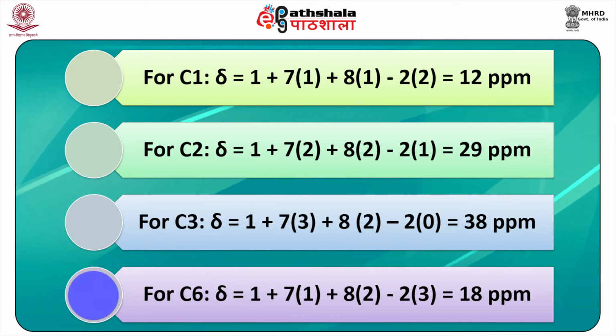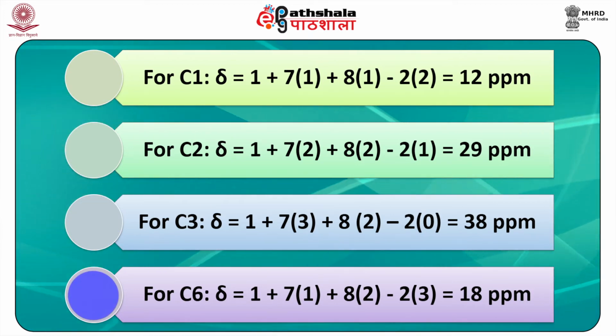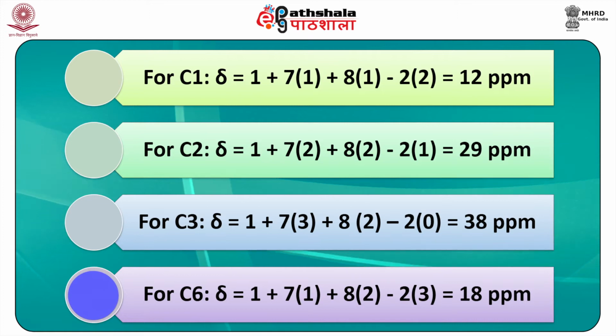For the 6th carbon atom, the delta value is 1 plus 7 multiplied by 1, plus 8 multiplied by 2, minus 2 multiplied by 3, which is 18 ppm. This is how we calculate the chemical shift for carbon 13 compounds.